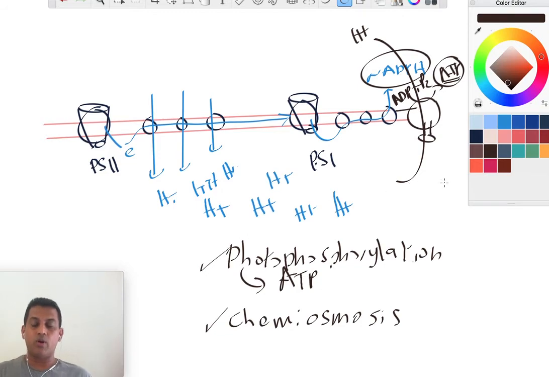Photophosphorylation is generation of ATP using energy from sunlight. Chemiosmosis is the hydrogen ion gradient created by the inward hydrogen ion concentration using the energy from electron movements. As a result of that, hydrogen ions move back into the stroma, and this energy is used to make ATP by the ATP synthase complex.